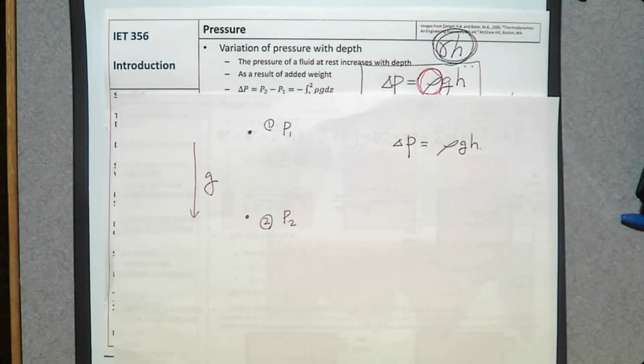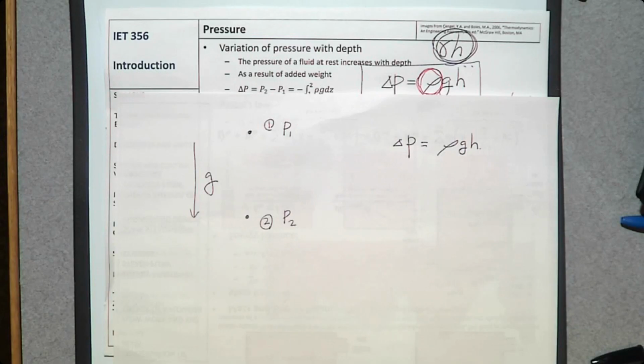Between P1 and P2, we know P2 is greater than P1 because pressure increases in the gravity direction. So to determine delta P, the difference in pressure, we need to use P2 minus P1, because P2 is greater than P1.